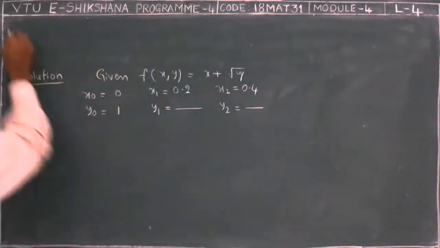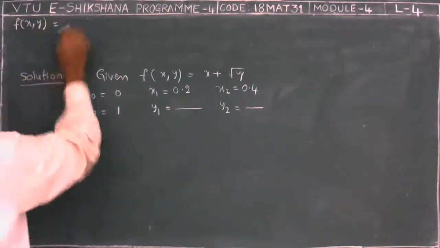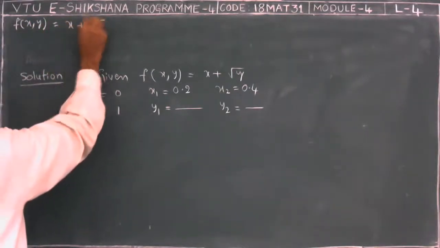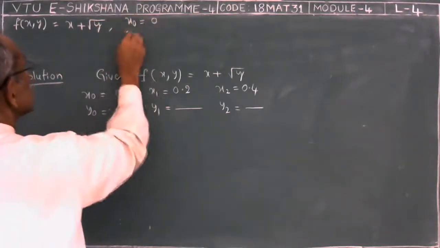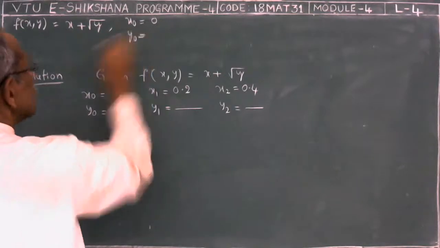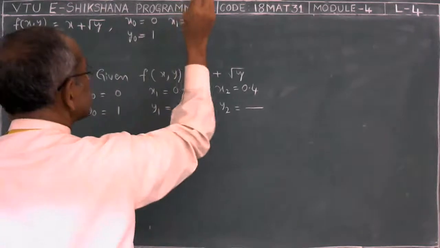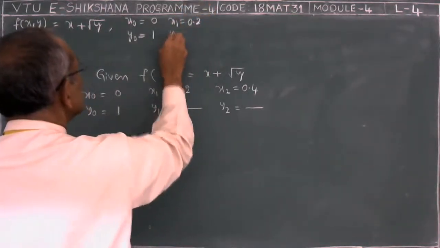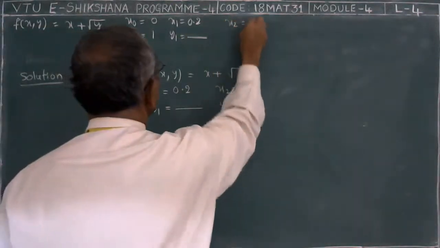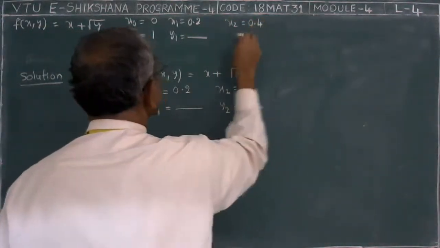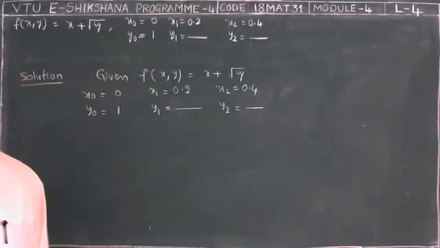Given f of x comma y is equal to x plus square root of y, x naught is 0, corresponding value y naught is 1, x1 is 0.2, y1 we need to calculate, x2 is 0.2 plus 0.2, 0.4, y2 we have to calculate using modified Euler's method.